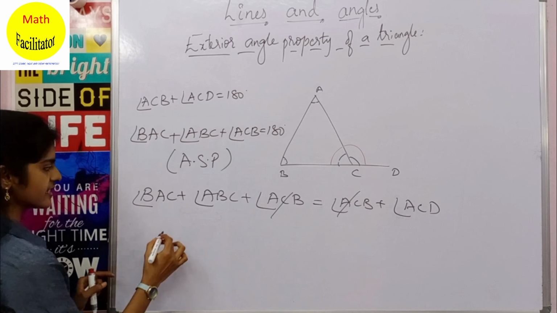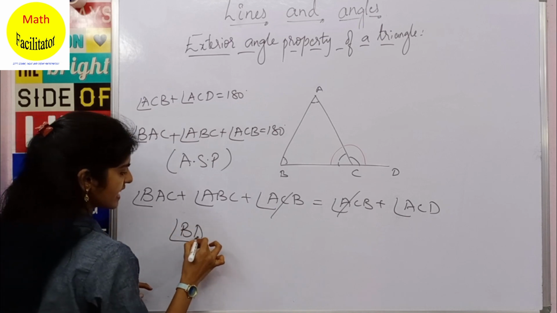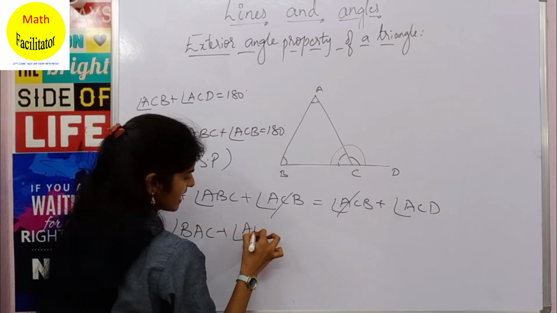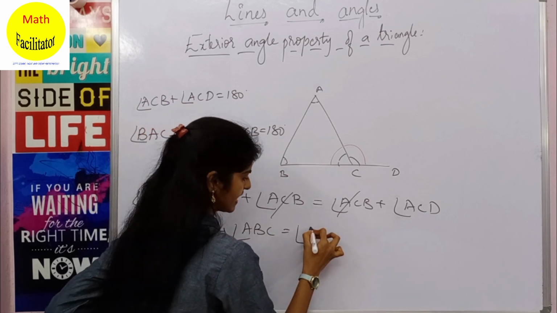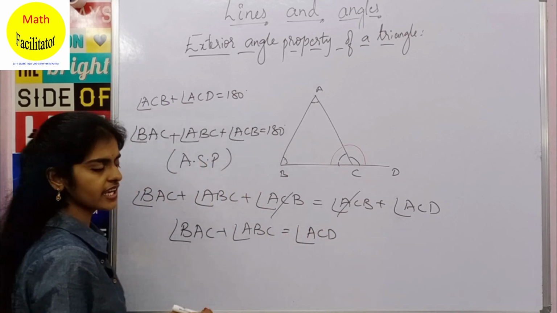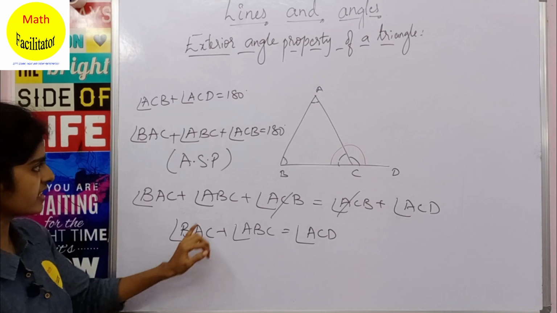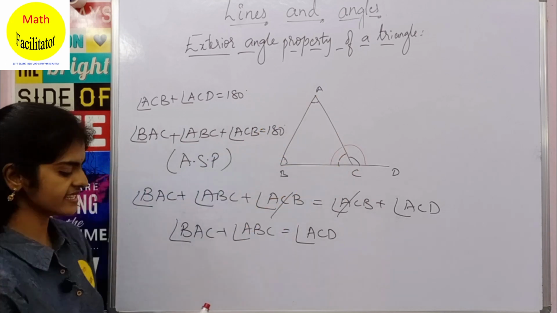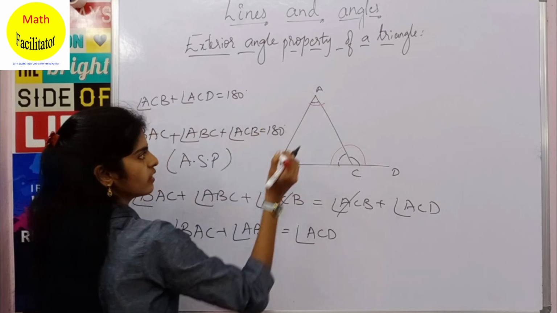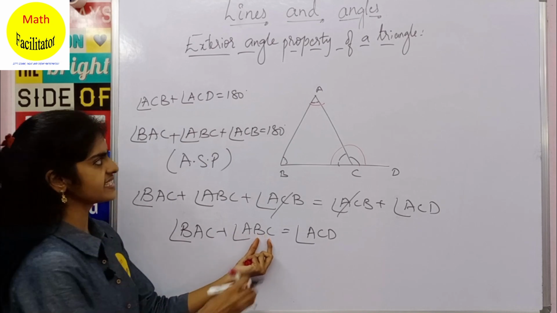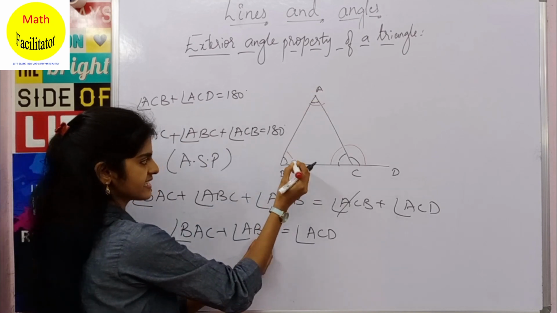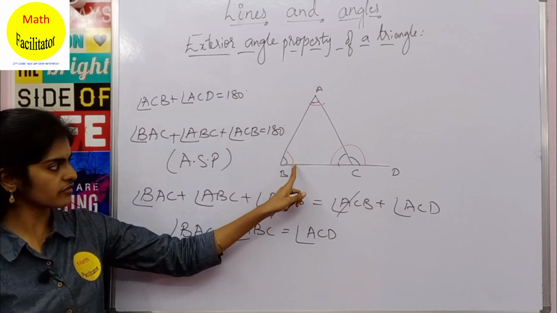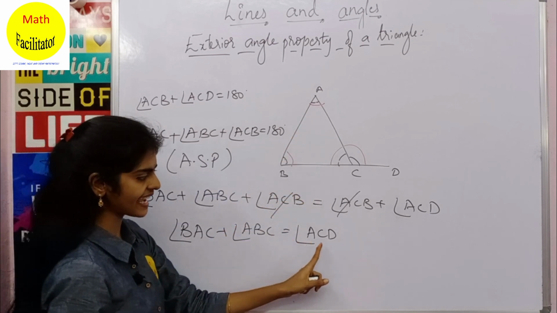So you are cancelling it, so what do you get? Angle BAC plus angle ABC is equal to angle ACD. Okay, now what is angle BAC? Angle BAC is this angle. Angle ABC is this angle. Okay, so the sum of these two angles is equal to angle ACD.